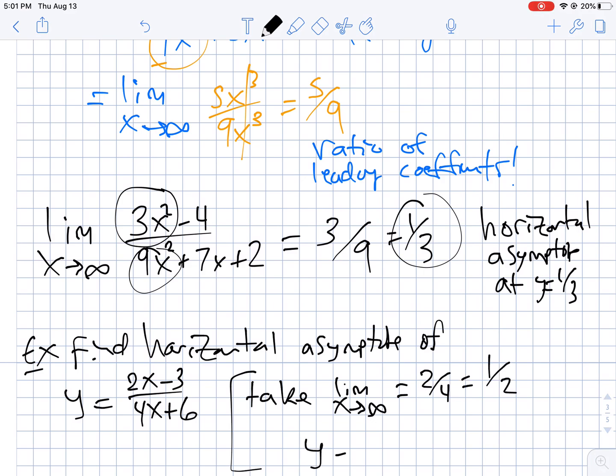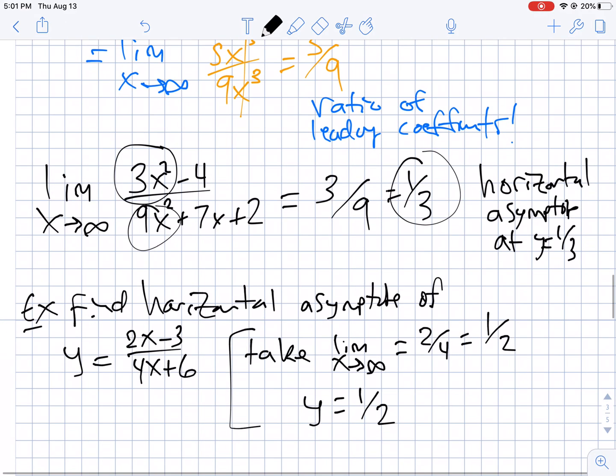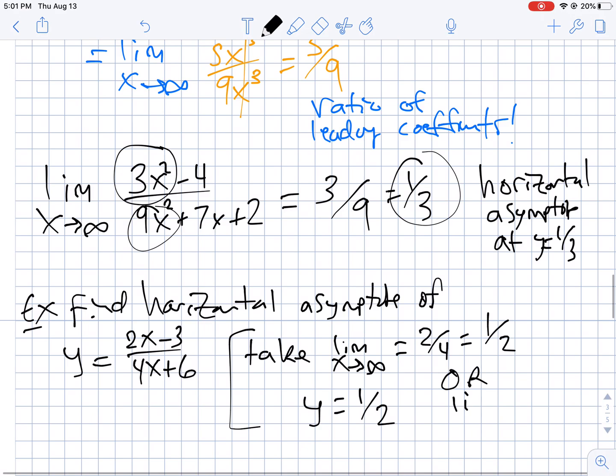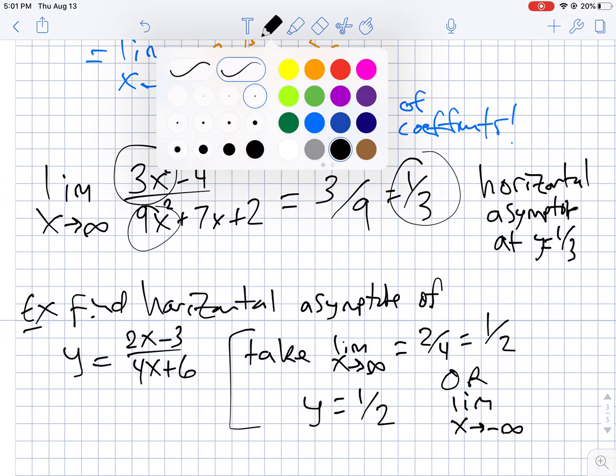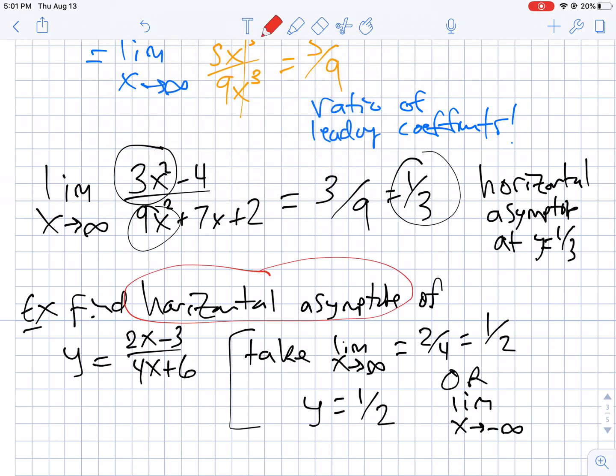So my horizontal asymptote is y equals 1/2. You might also, in some cases, need to take the limit as x goes to negative infinity. For polynomials, it's not going to matter, and that's more for something like e to the x. But if you see this phrase, horizontal asymptote, think of that as saying, I just need to take a limit as you go to infinity, or probably a limit as you go to negative infinity.